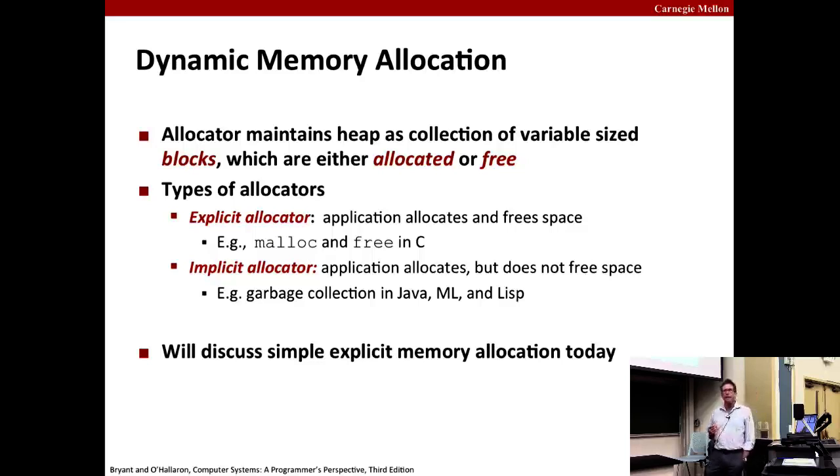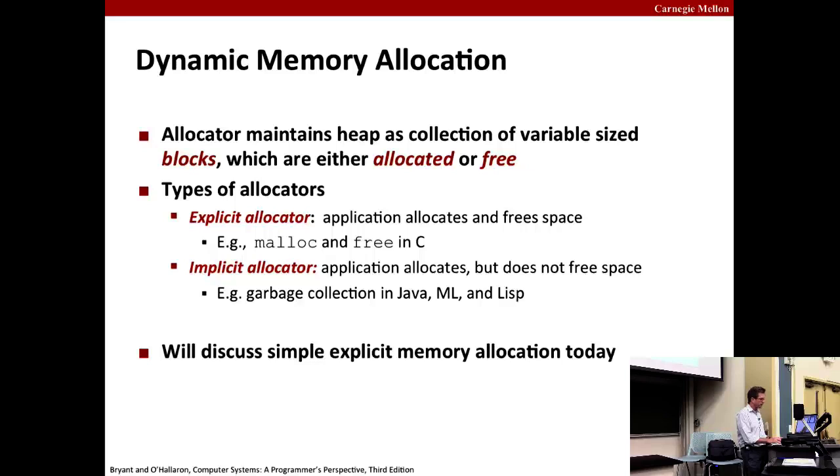The kind of allocator that you find in C, such as the malloc package, it's up to the application to both explicitly allocate the memory and explicitly free it when the application is finished with it.